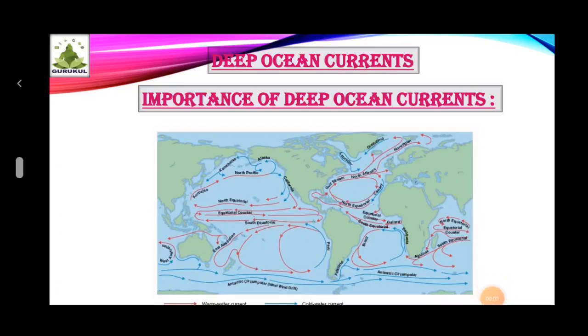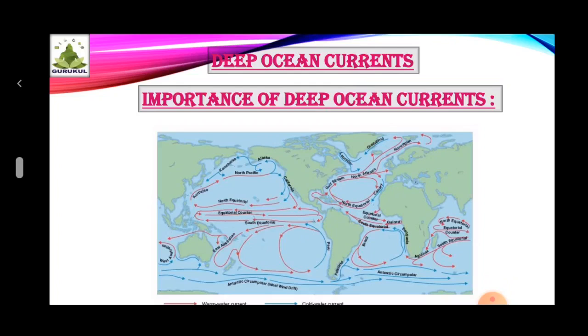Very good morning, students. In our previous class, we discussed the effects of ocean surface currents on human life. Now in this video, let's talk about the deep ocean currents and the importance of the deep ocean currents. Deep ocean currents.